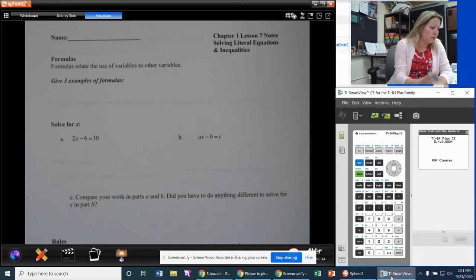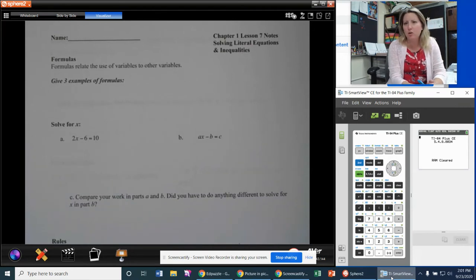So today we are going to be solving literal equations and inequalities. We first need to realize that literal equations are equations that are more general, meaning they have more variables involved. So they're typically formulas, okay?